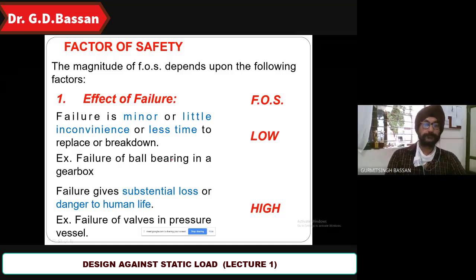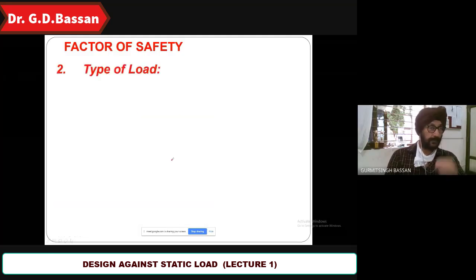Second point, types of load. What are the major classifications of load? One is a static load, which we have discussed. Another is a variable load, or fluctuating load.